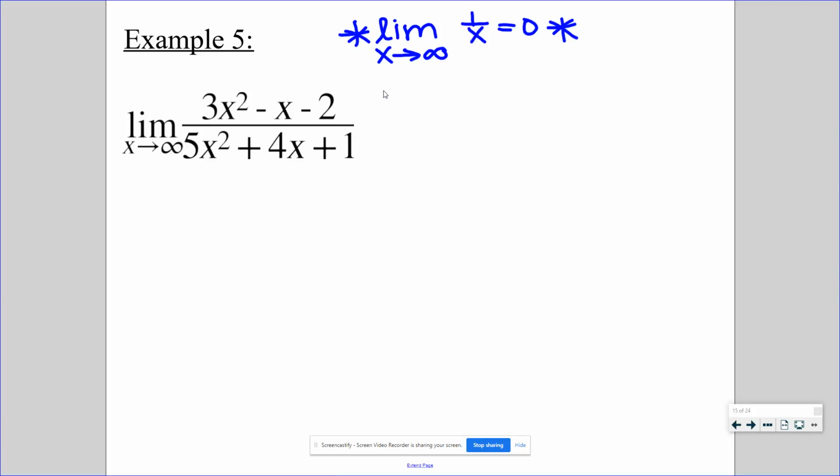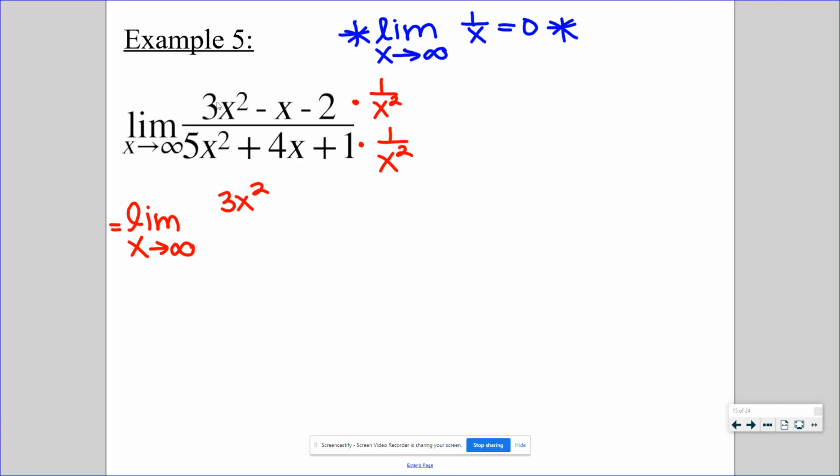So in this case, my problem has x squared as the leading term. So I'm going to say, let's multiply everything by 1 over x squared. And when I do this, I am going to make sure that I am writing each piece of the problem in its own fraction.